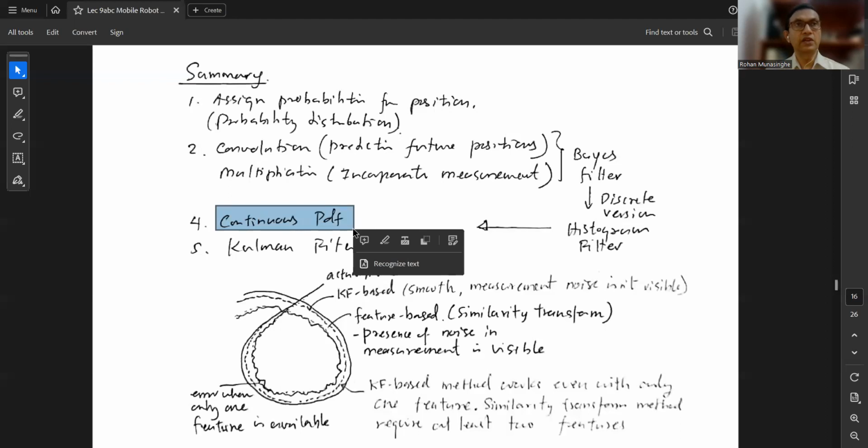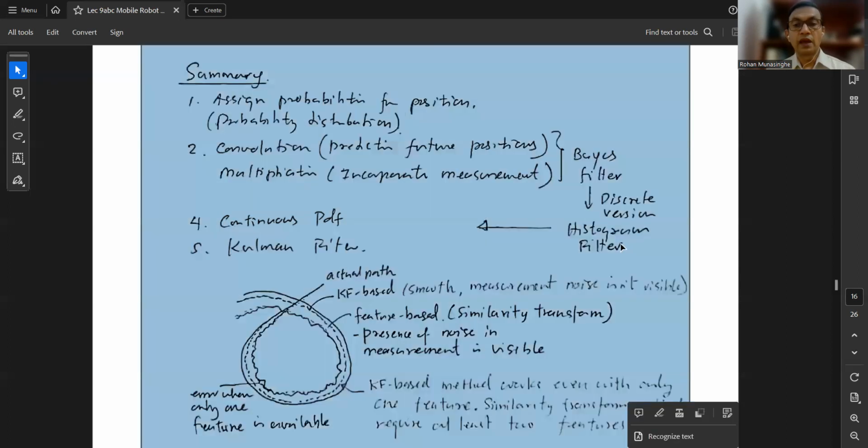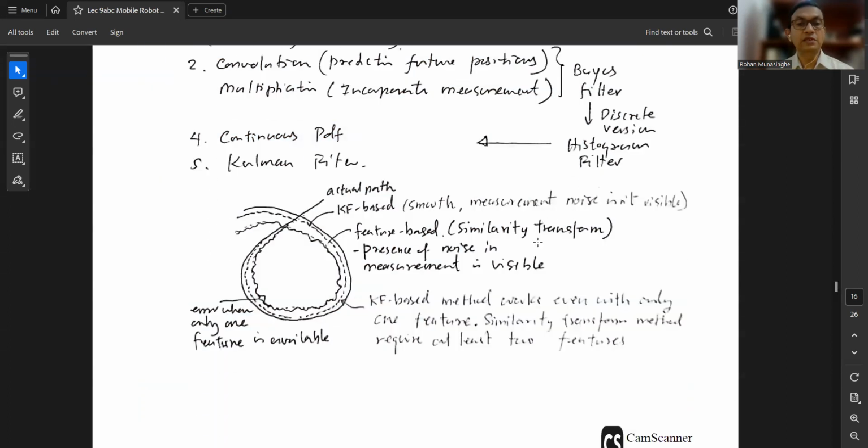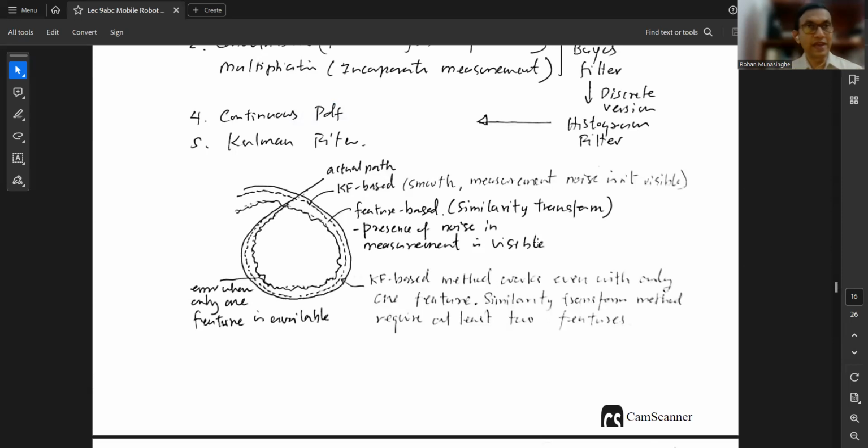I'm trying to summarize what we have discussed so far. Then you use the Kalman filter, calculate the gain using the vehicle prediction model and also the sensor model together, and you can update your position. So when you do that, you can improve your estimation.